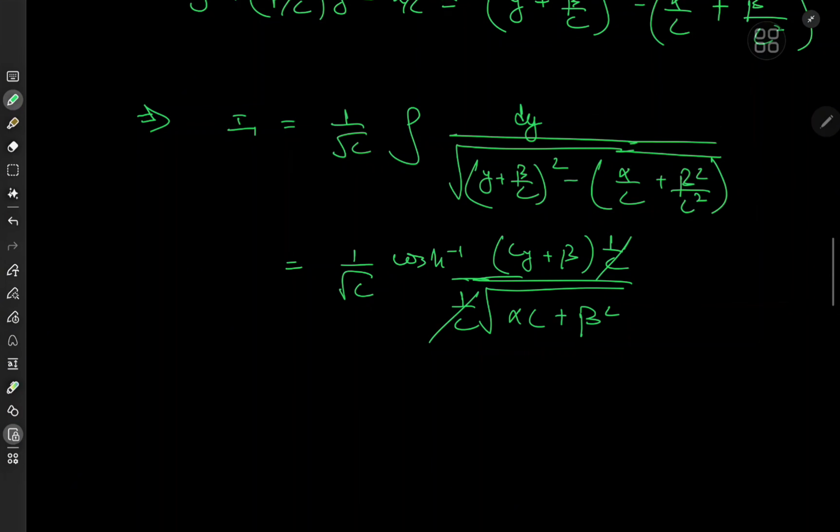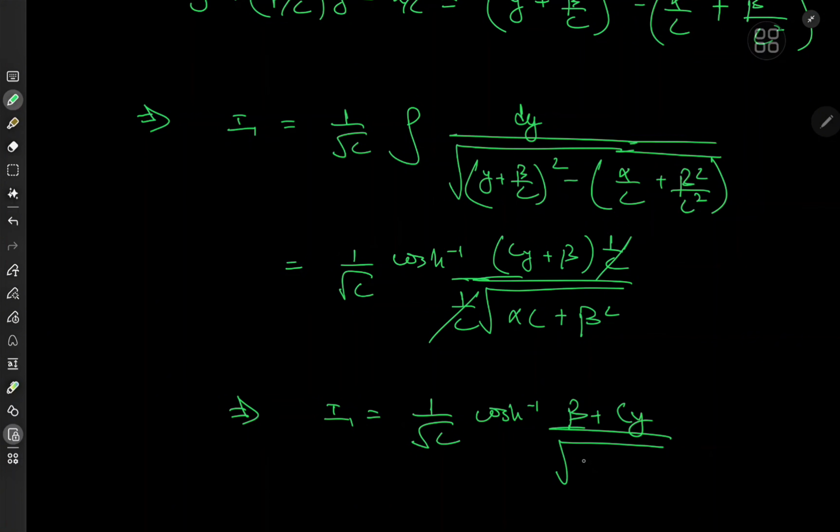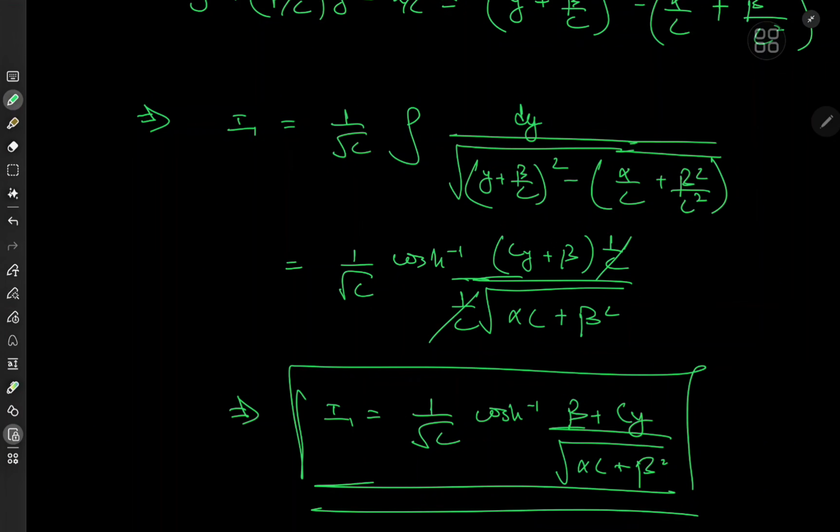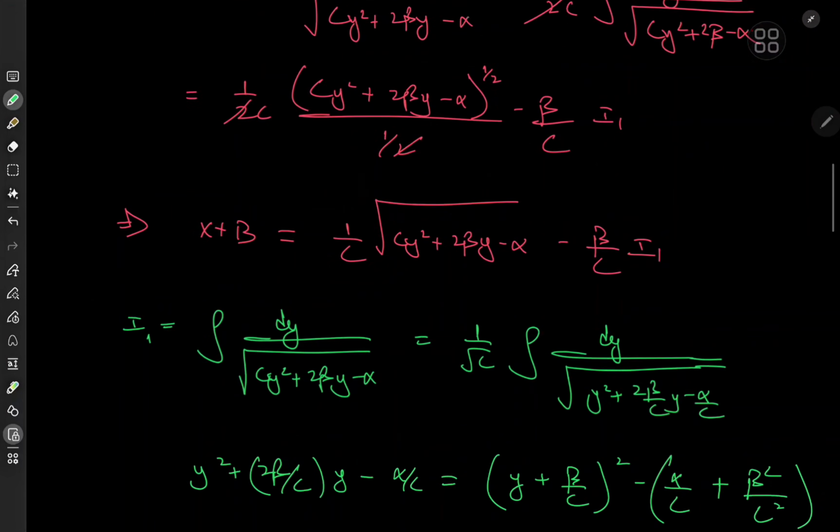So I have some lovely cancellation taking place, and this implies that I sub 1 equals this gnarly looking expression, 1 over c times the arc cosh of beta plus c times y over root, terribly sorry about that, alpha c plus beta squared. So that was I sub 1, but I forgot the expression we were trying to evaluate.